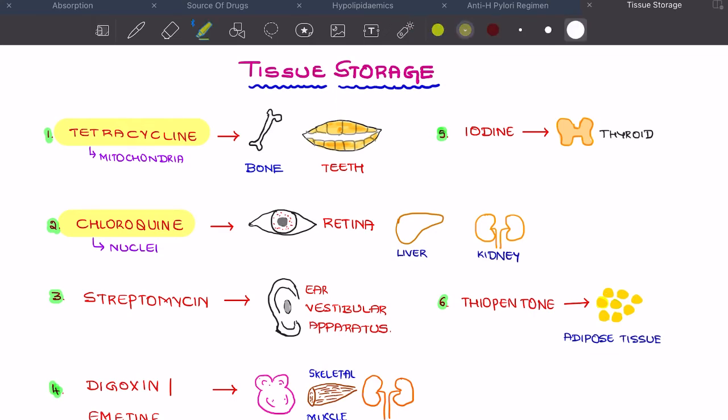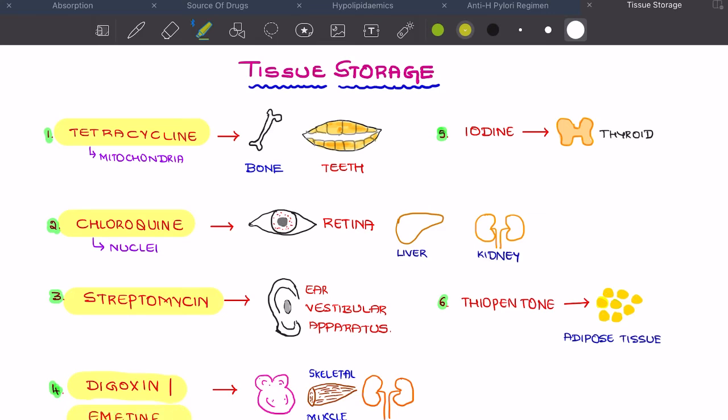The third drug here is streptomycin. This streptomycin can get accumulated inside the ear, especially in the vestibular apparatus, and it can cause hearing impairment. Next, moving on to digoxin or emetine.